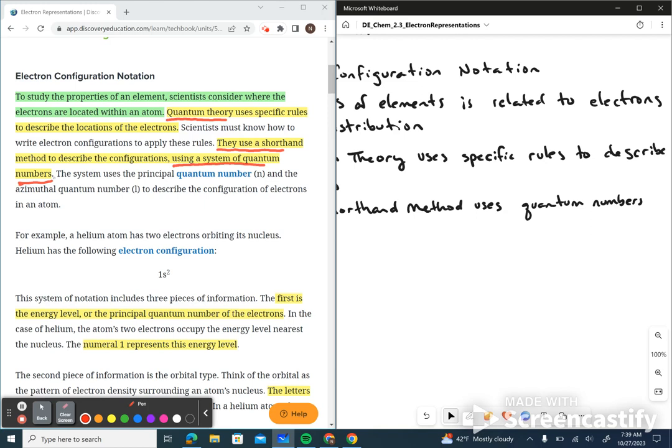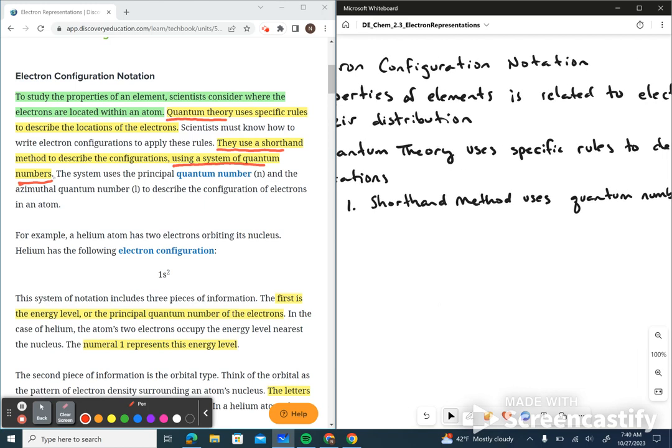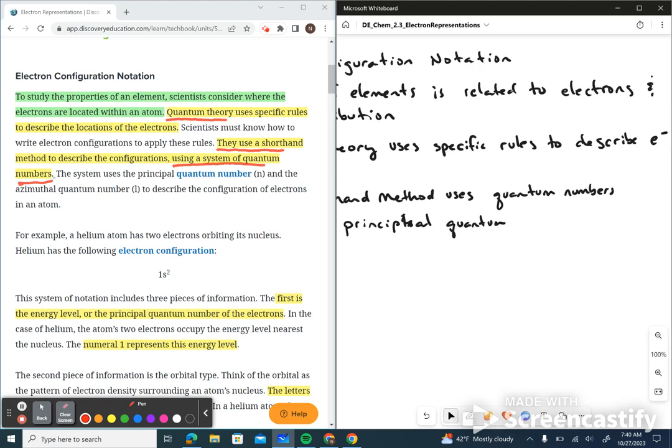Okay, remember you had 4 quantum numbers, right? You have the principal quantum number, which was equal to n, right?